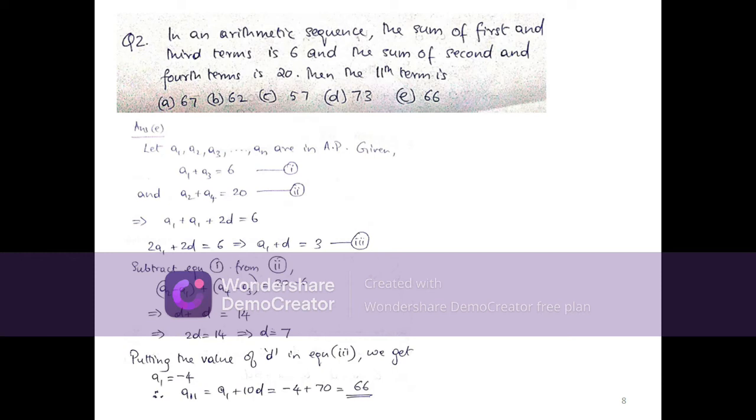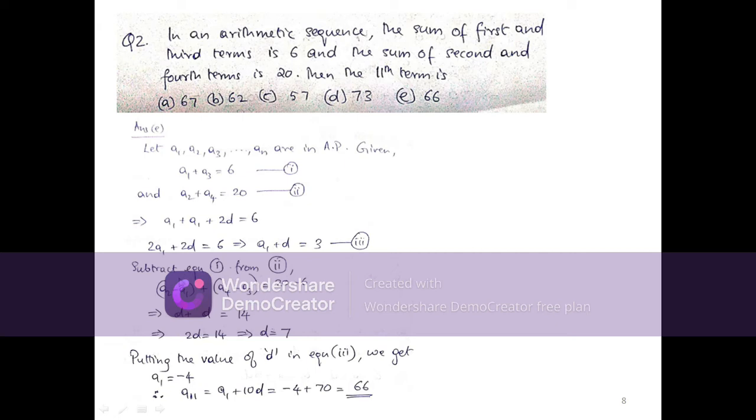Now you can have different approaches. You can again substitute a2 equals a1 plus d, or a4 equals a1 plus 3d, and you'll get a relation between a1 and d. Then you can subtract that with this equation.